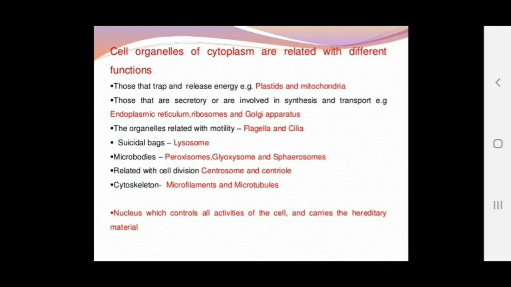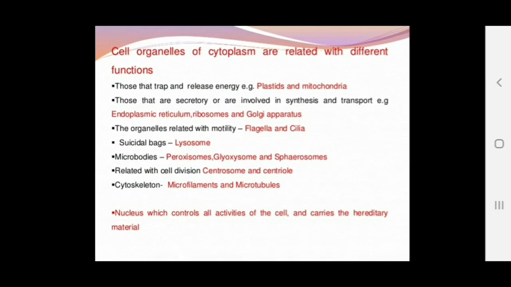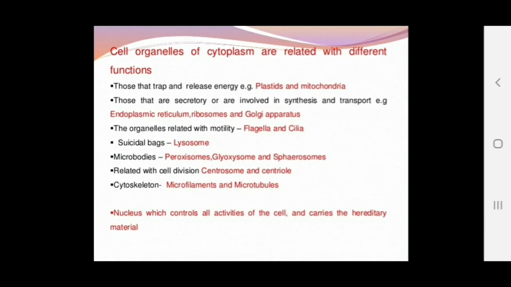Organelles related to motility, like flagella and cilia. The suicidal bags, we call them lysosomes. The microbodies. Those related to cell division, like centrosomes and centrioles. And the cytoskeleton, like microfilaments and microtubules.